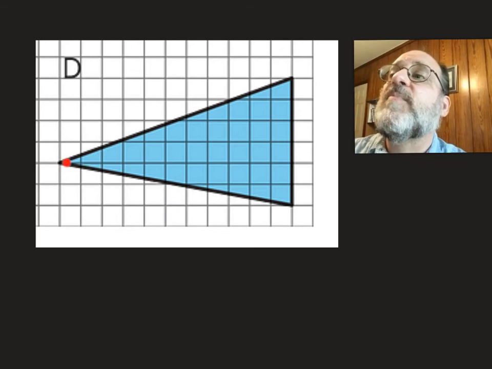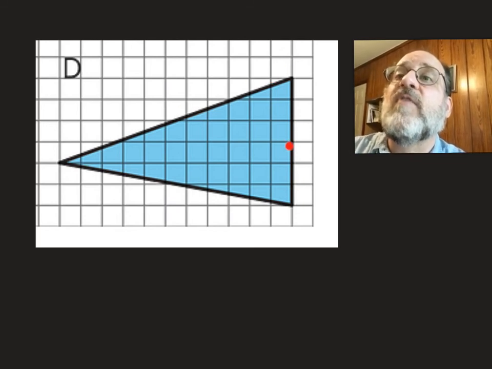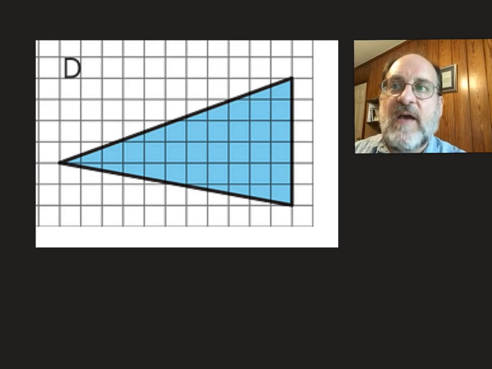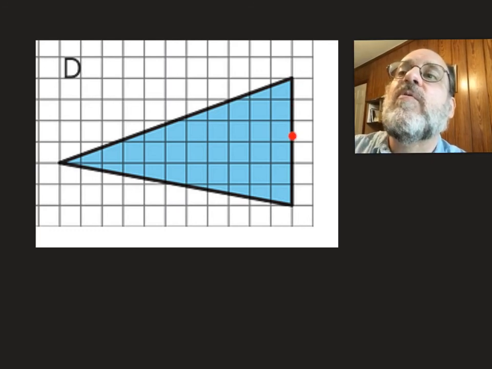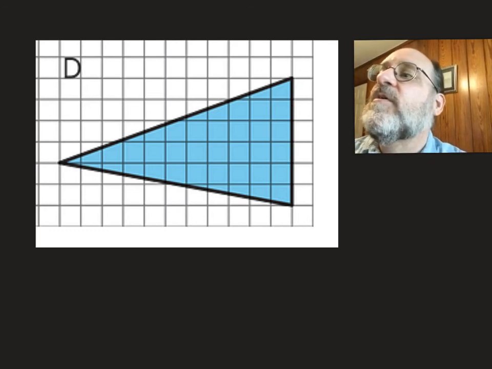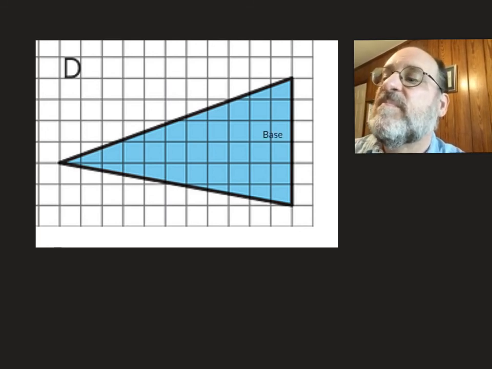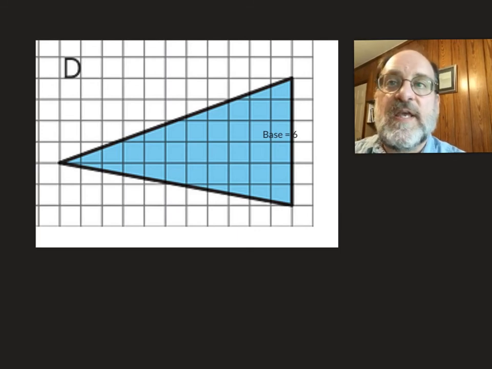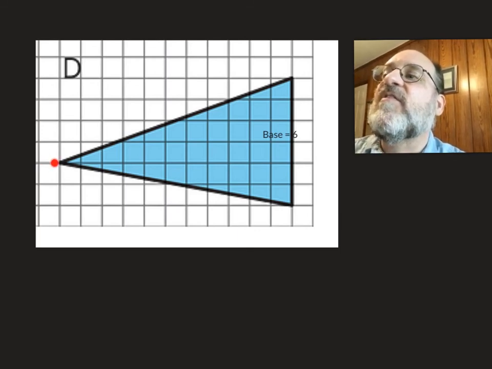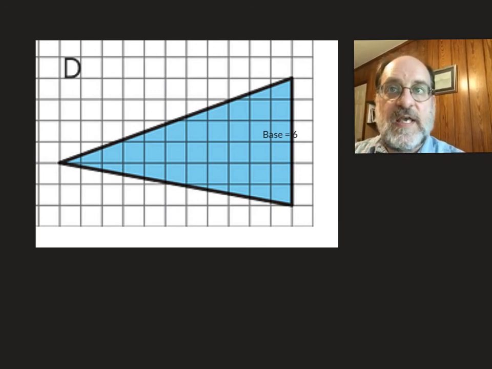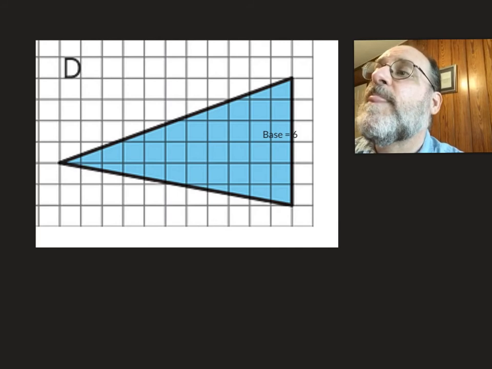Again, I've got 3 sides, but there's only one side, this side over here, where I can actually count how many squares that is. 1, 2, 3, 4, 5, 6. So I better use that as my base. Okay, when I'm looking at the opposite vertex, I need to draw that line right there, because that's going to meet the base in a right angle.